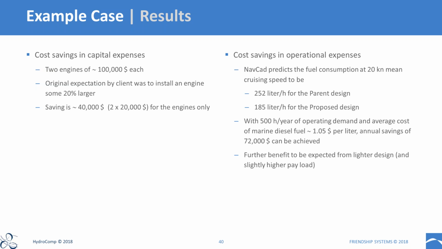If we estimate 500 hours per year of operating demand of the vessel and an average cost of marine diesel fuel of $1.05 per liter, which is a worldwide average figure, then we reach savings in operational expenses of $72,000 for the fuel. We can possibly expect some further benefit from the lighter design because we have smaller engines and slightly higher payload possibly of the vessel, but that's not part of the calculation here.